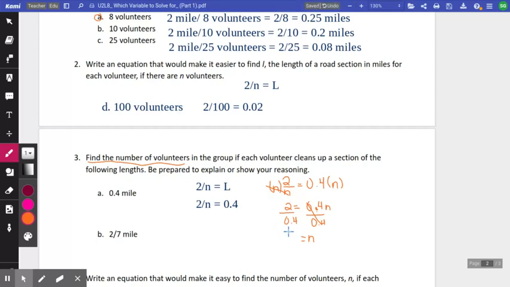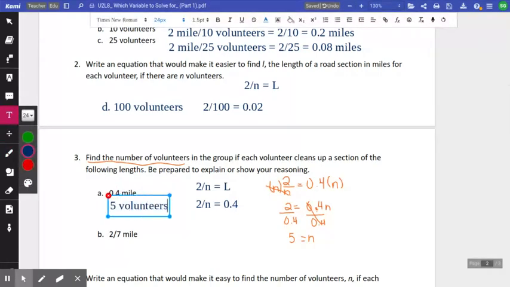Type that into a calculator, it's going to tell you we get 5 equals N. So if each person is cleaning 0.4 miles of the road, that means there must have been a total of 5 volunteers. And I'll go ahead and put that down. 5 volunteers.